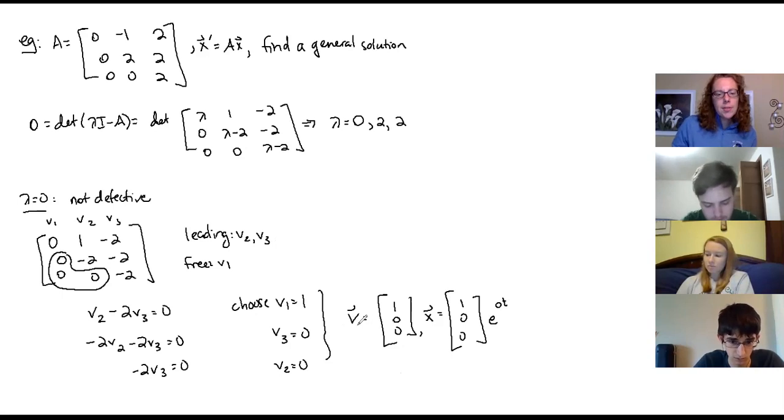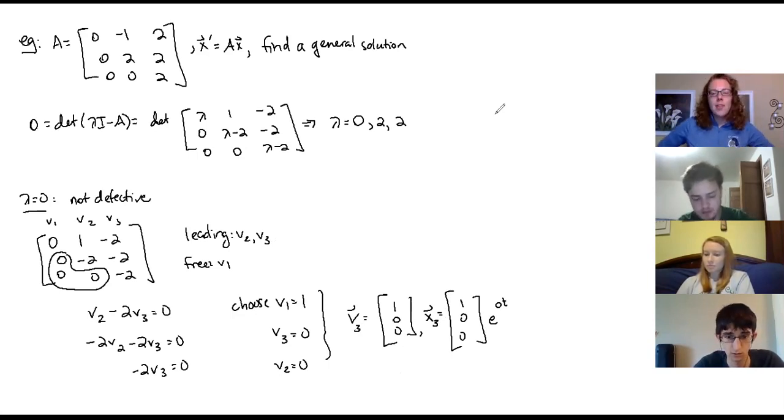I'm going to call this V3 and X3, even though we're doing it first, because I'm going to get V1 and V2 from the next eigenvalue. And so we're just going to say this is the third one that we're getting out. We're going to get V3 and X3. All right, so we've got leading variables of V2 and V3. V1 is my free variable.